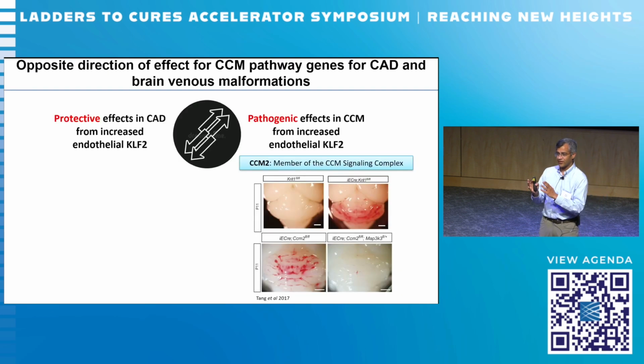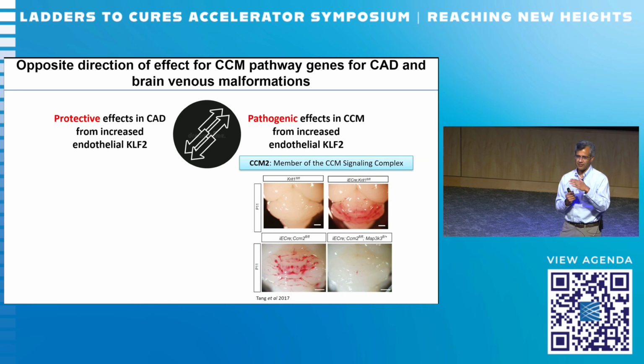And so to begin with, why is there opposite directionality? So on the right you see work done by Mark Kahn's lab at the University of Pennsylvania, where they made the CCM knockout mouse model. And they made it for a CCM1 knockout, which you see in the top right. And then in the bottom left is the CCM2 knockout. You see these brain lesions that are forming in the cerebellum.